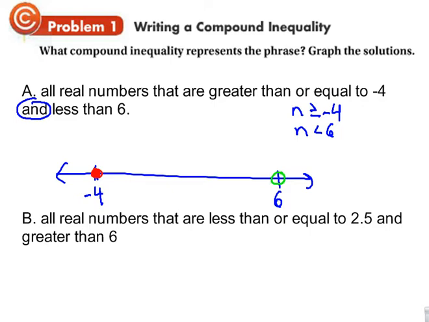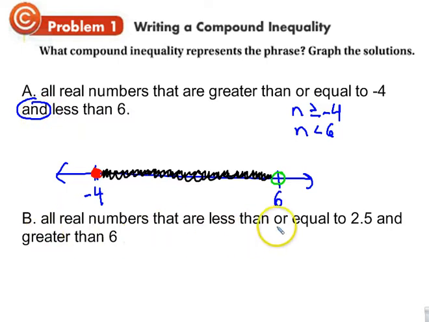So the answer will be this and everything in between. So any of these numbers from -4 all the way up to just before 6, because look, it's an open circle, so it doesn't mean it's part of the answer. Okay, so that is the and.